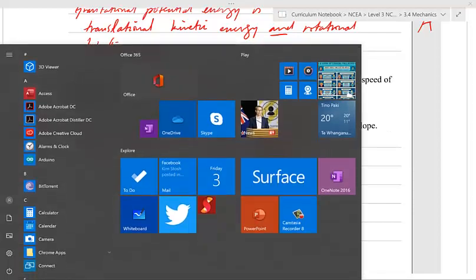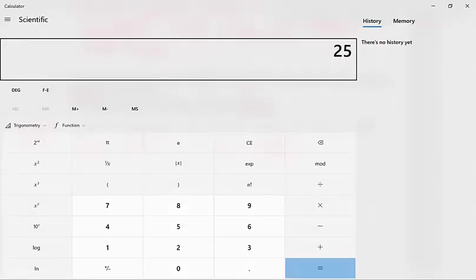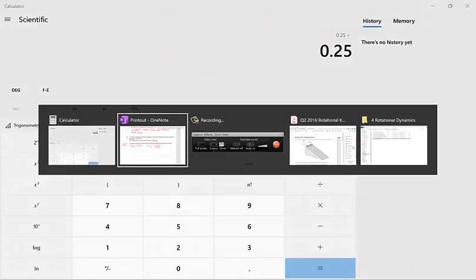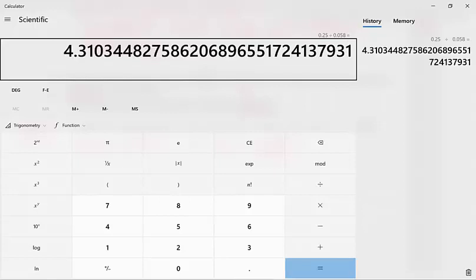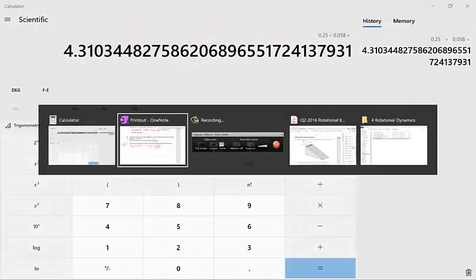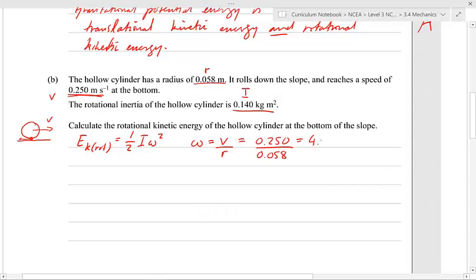just need my calculator, 0.250 over 0.058 gives us 4.31 radians per second.